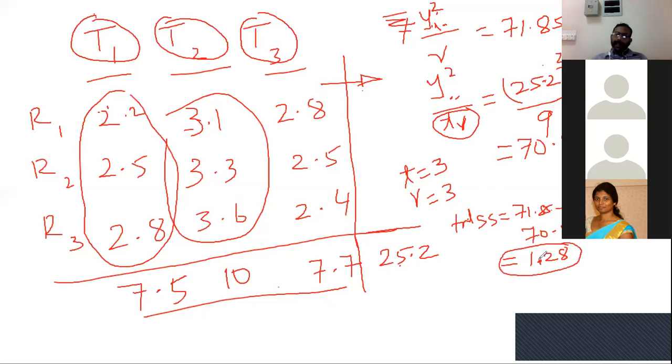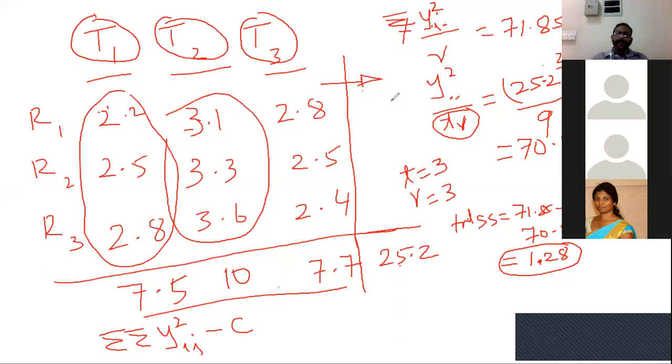Keep this in mind. When we fill our table, we'll have to use these values. Now, sum square for treatment we have calculated. Now we want to calculate the sum square for total. Can you remember the formula? Double summation y i j square minus the correction factor.